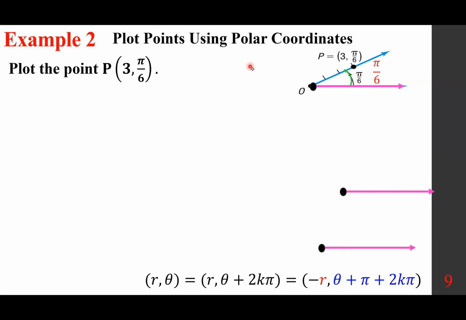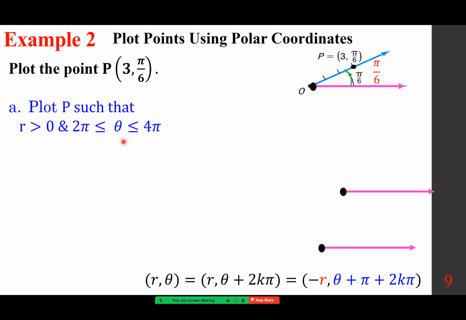Now, we want to plot P such that r is positive and theta is between 2 pi and 4 pi. So we really want the same point, right? Since we want theta between 2 pi and 4 pi, that means adding a complete revolution. So all you have to do is add 2 pi.